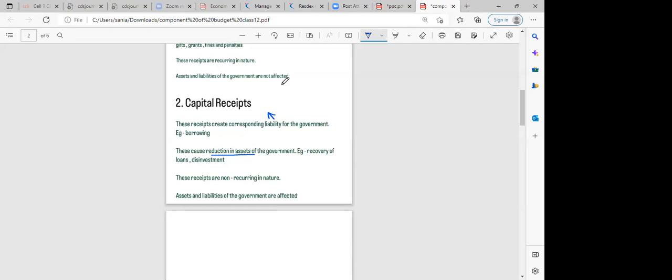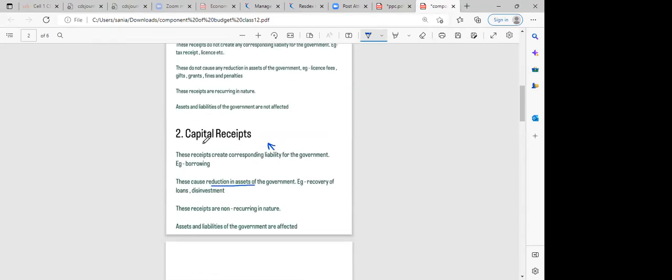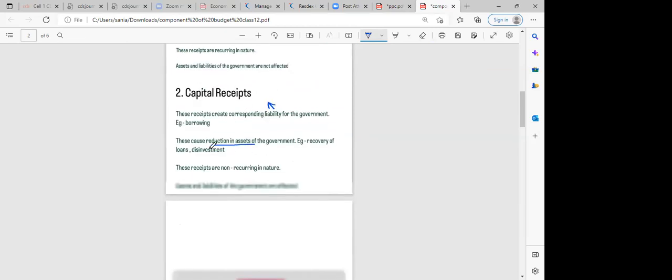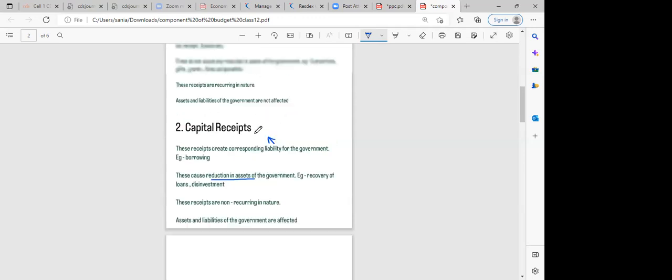I hope I have made myself clear what is the difference between revenue and capital. In revenue, assets and liability won't get affected, and these are recurring in nature. Over capital, assets will decrease and liabilities will increase. So this is the main difference between both.